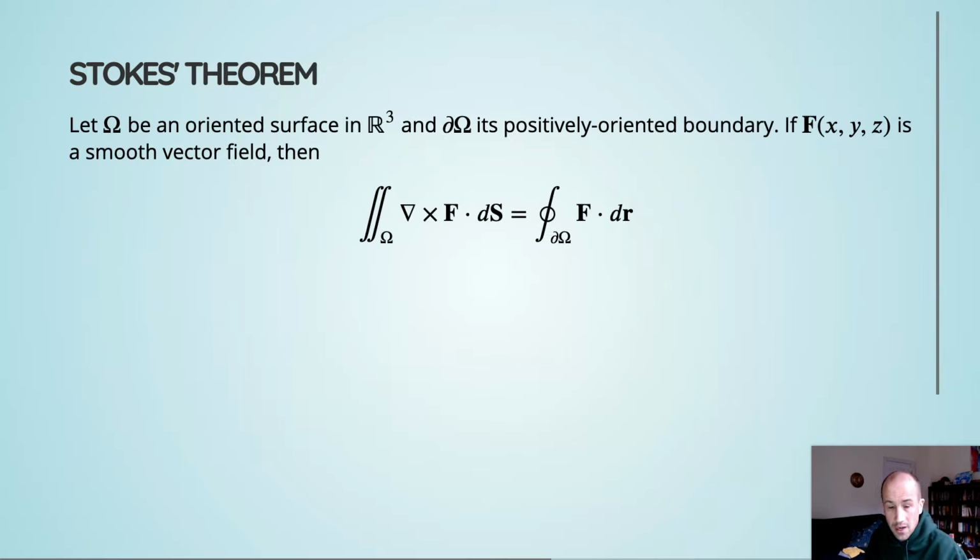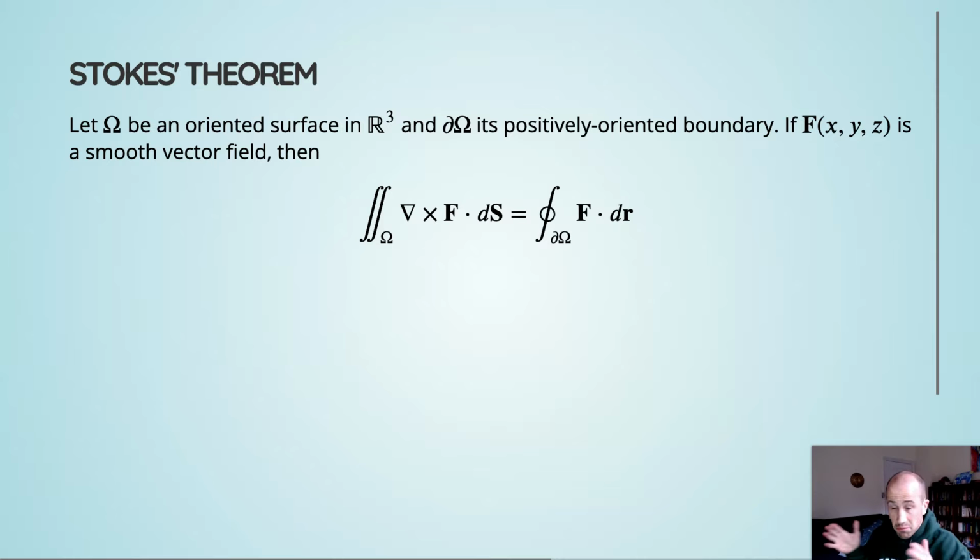What does it say? Here it is in its glory. So remember, when we analyze integrals, we talk about the where, the what, and the how of our integral. So again, we have two integrals being related in Stokes' theorem, so these two computations give you the same number. We've got omega, an oriented surface in R3.